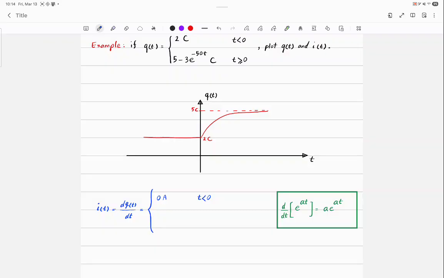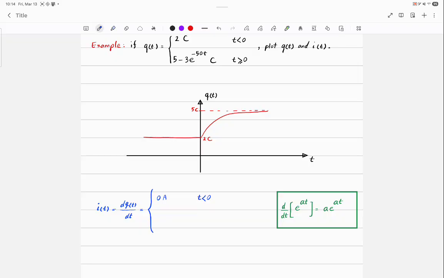For positive, it has two terms, right? The constant 5, which gives the derivative of 0. How about the second one? I brought this formula for you from your math courses. How do you take the derivative of e to the power of at? You bring the coefficient of the exponent behind the function and repeat the function.